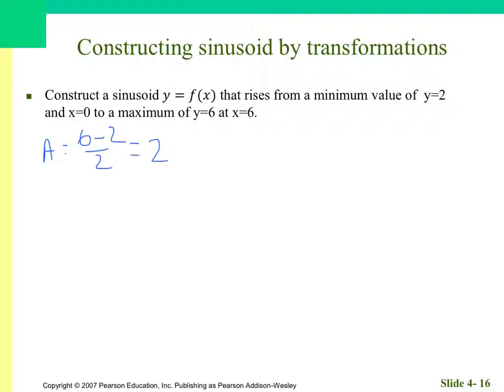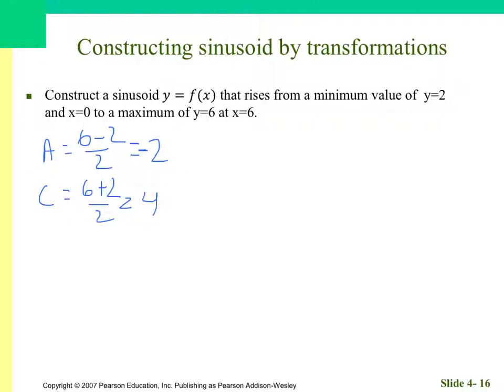But why is it negative 2? Because it says the sinusoid rises from a minimum value. It's starting at the minimum. That means it's negative. Okay? And then C equals max plus the min divided by 2. So it's 4.